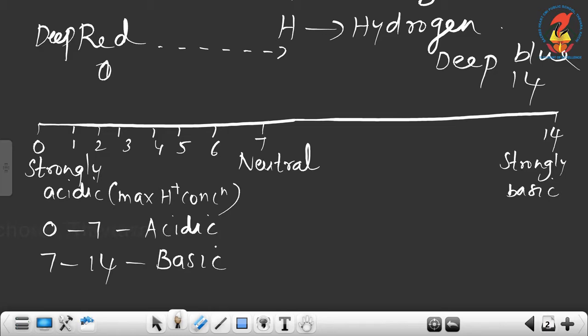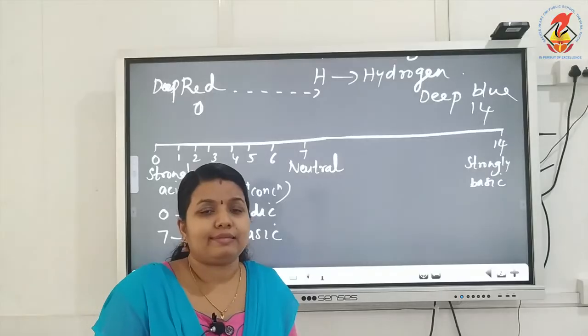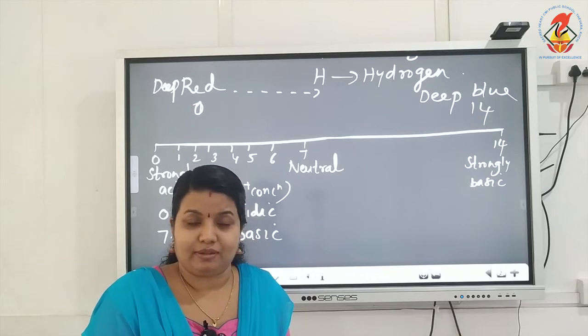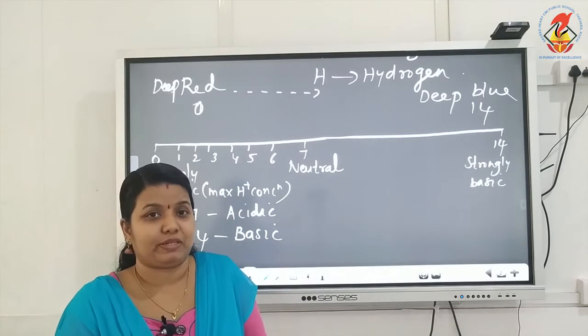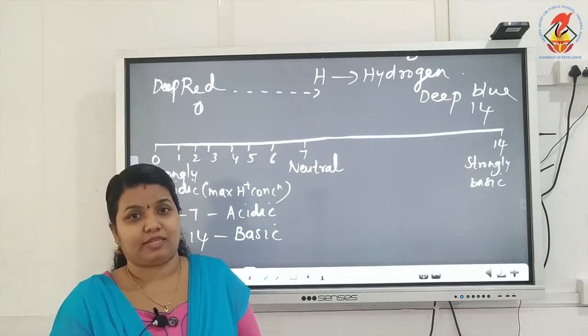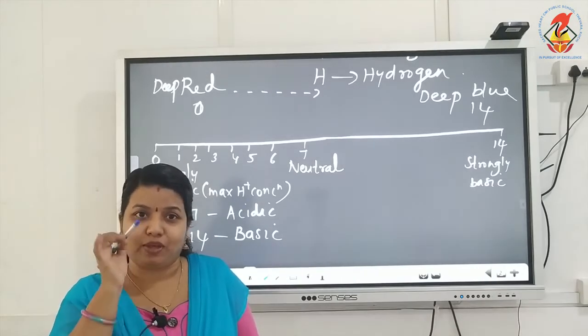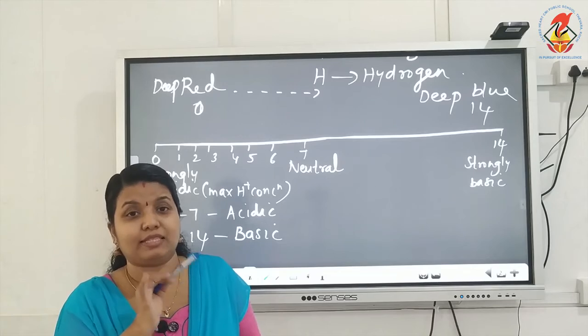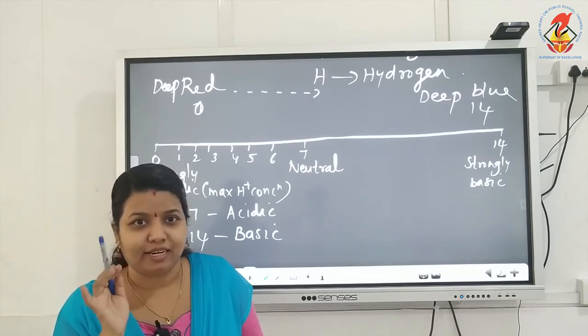Okay, so in the last class we saw the acidity of all acids is due to the presence of hydrogen ions. So, a strong acid will have maximum concentration of hydrogen ion. So, pH value 0 means a strong acid and it has maximum concentration of hydrogen ion.